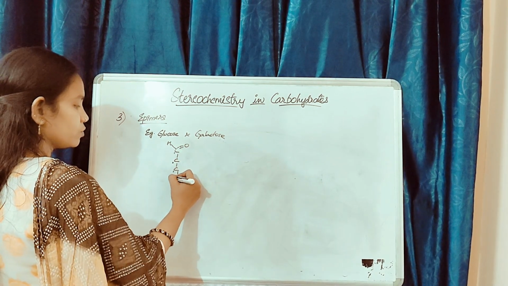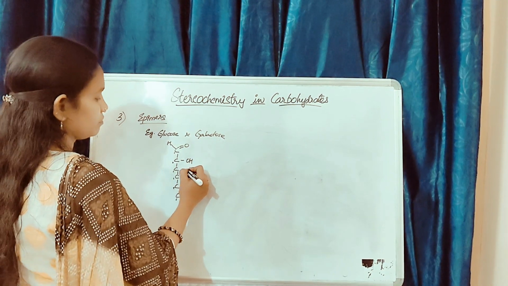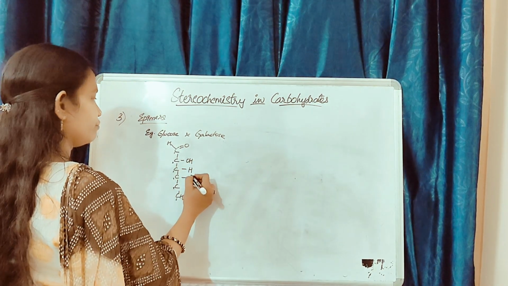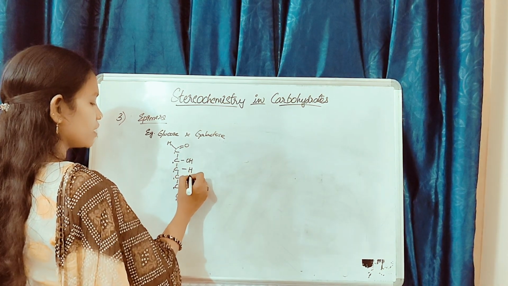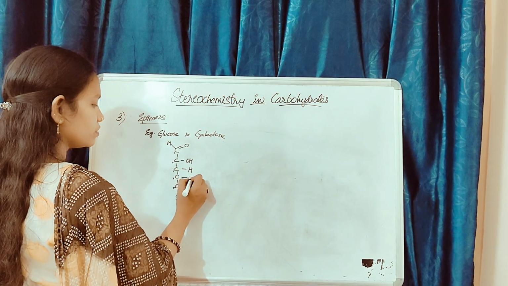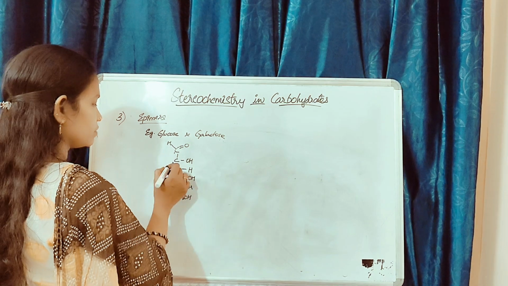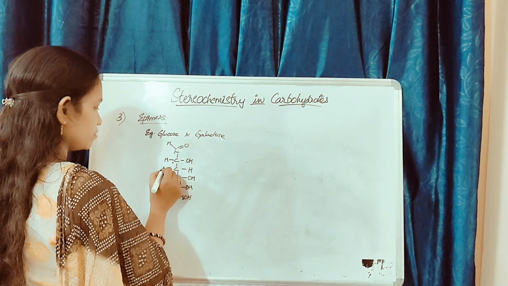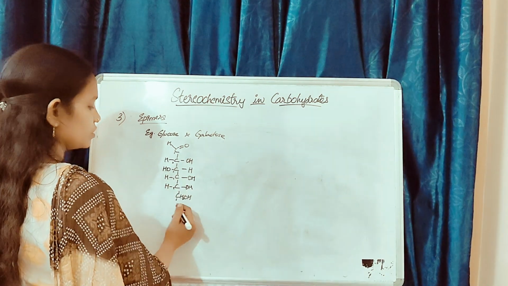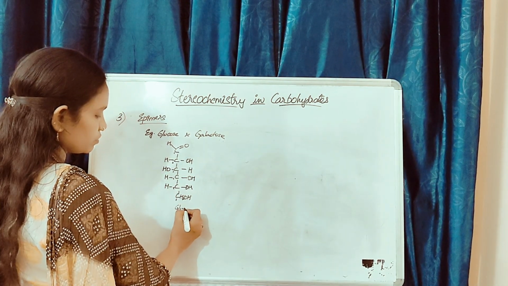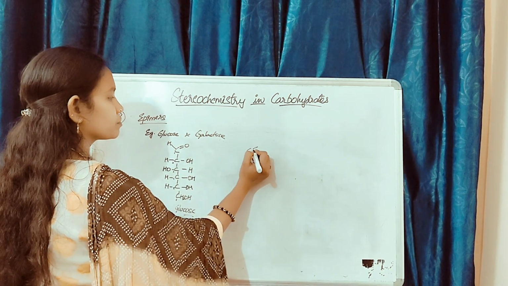Start numbering 4, 5, 6, right? So here for glucose only on the third carbon atom will be a change in the arrangement of atoms. So this is the glucose. Now let's see galactose.